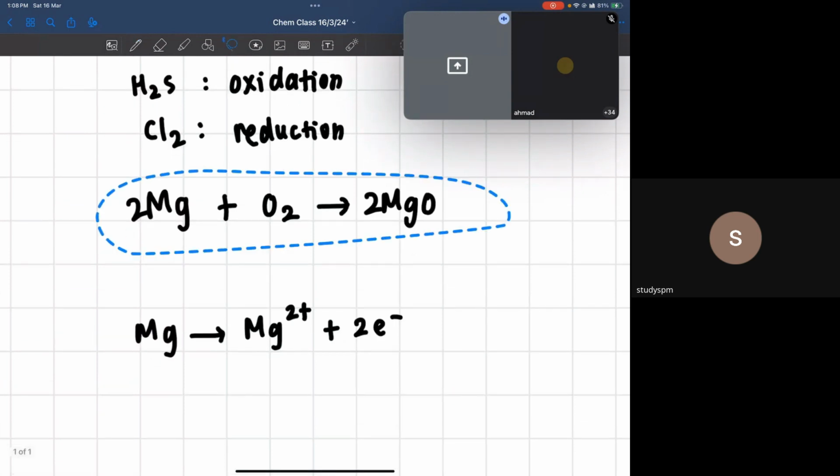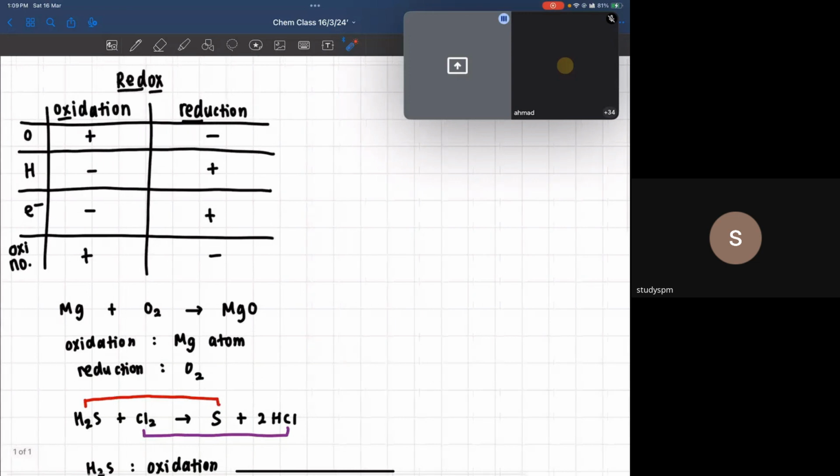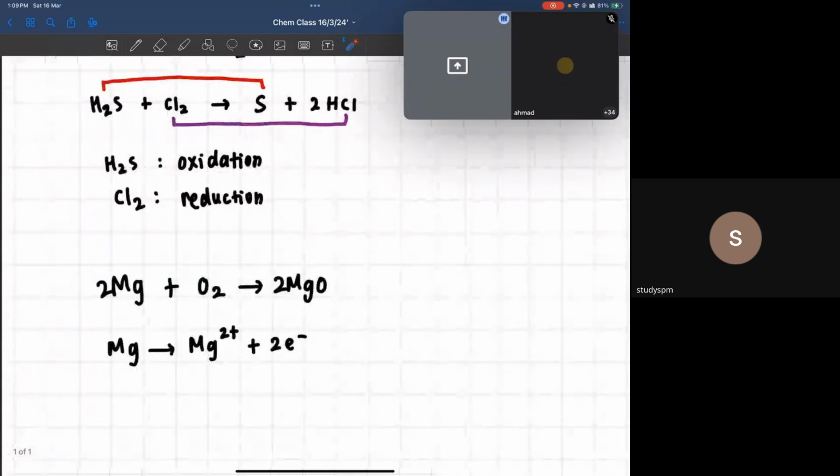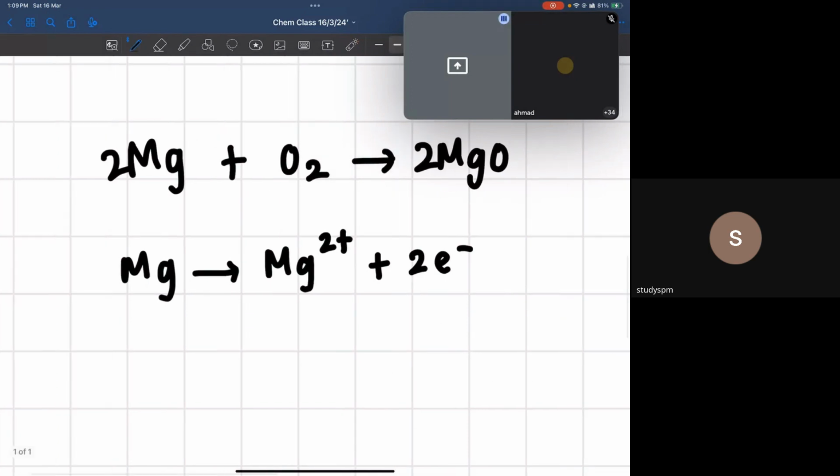So if they only give this information, how do we know which one undergoes oxidation and which undergoes reduction, in terms of electron? Earlier we used oxygen atom, but now we use electron. As you can see, at first it is an atom, then becomes an ion.